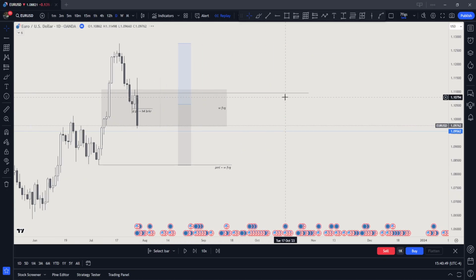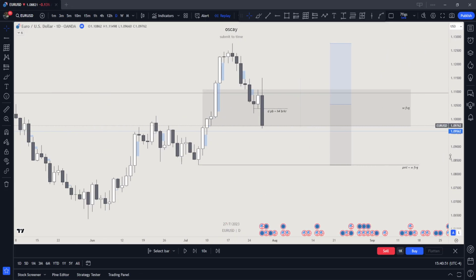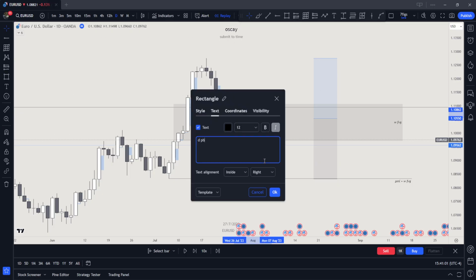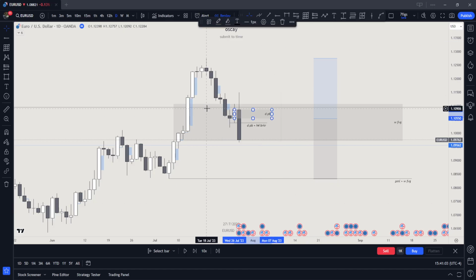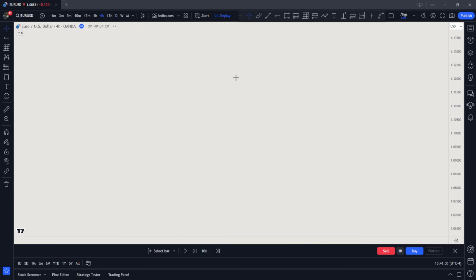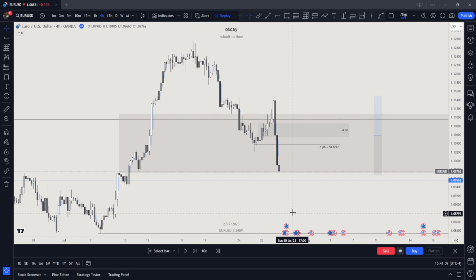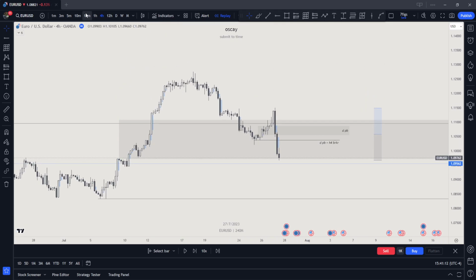Okay, and what would invalidate my sentiment for this week? What would invalidate my sentiment for this week is if we close strongly above this propulsion block. And where could price react from before coming to the propulsion block? That's a good question, and I don't know.